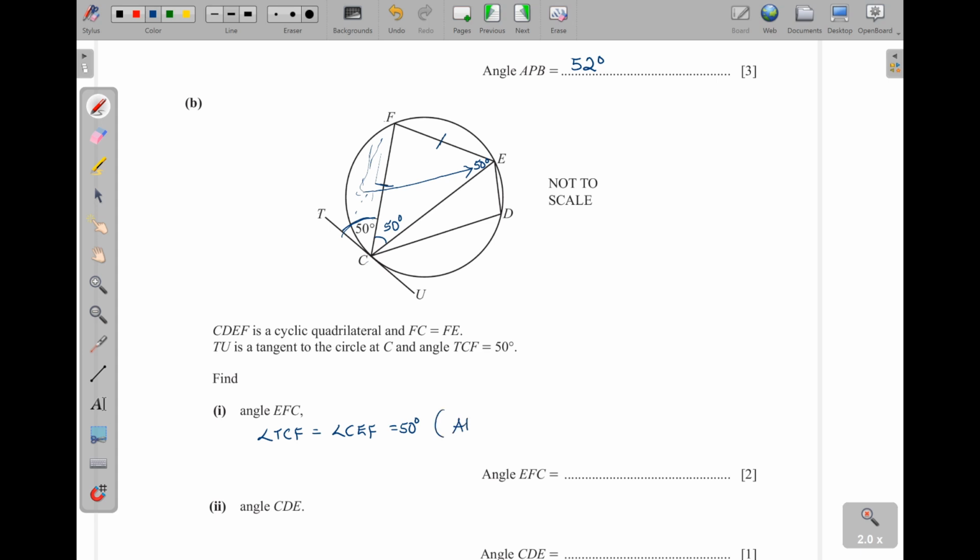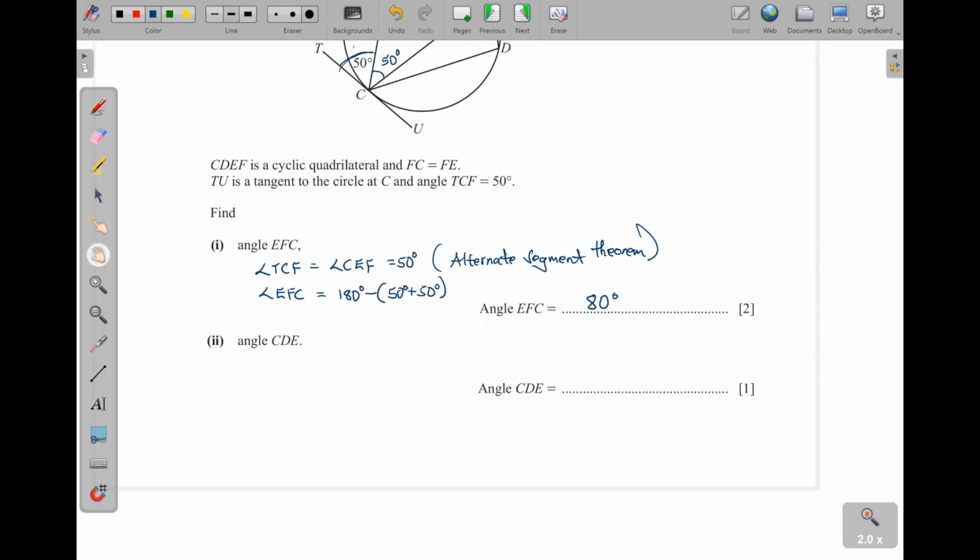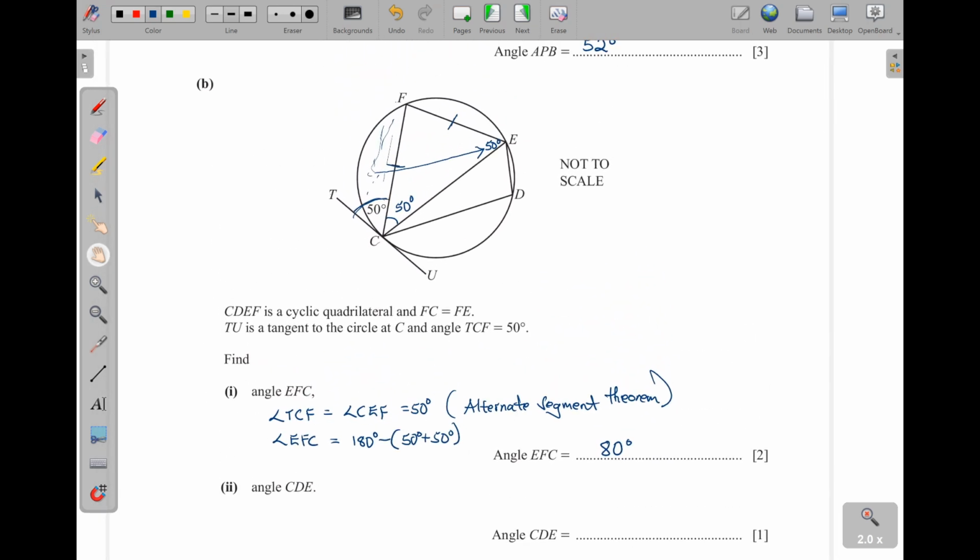Here I'm using alternate segment theorem. You see that? So, therefore, angle EFC is equivalent to 180 degrees minus the sum of these two. Of course, 50 plus 50 you get 100. Subtracted from 180, you get 80 degrees. You see that? Okay. Then the next one, angle CDE. Angle CDE.